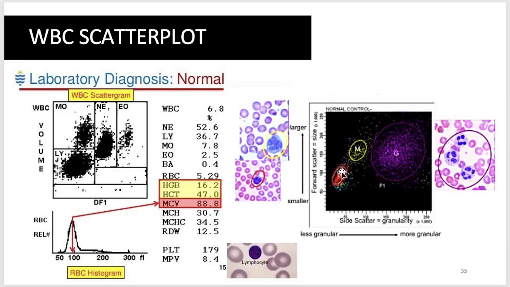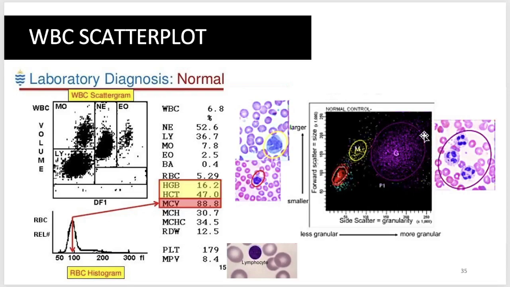Mapapansin natin na yung lymphocyte dito, they are smaller and have fewer internal components kasi nandito siya sa side na to, so mas mababa ang granularity, kasi pag i-increase mo to, more granular siya. Nandito lang siya na part, so therefore lesser granularity and mas maliit siya compared sa ating monocyte and your granulocyte. So again, your lymphocytes are smaller and have fewer internal components or granules than your monocyte and your granulocytes.